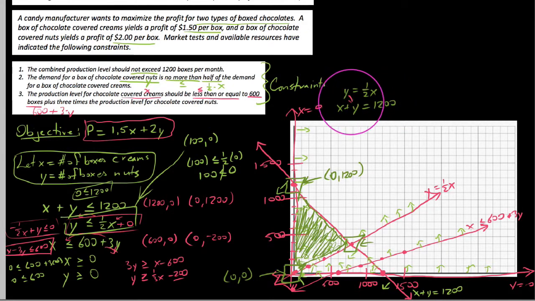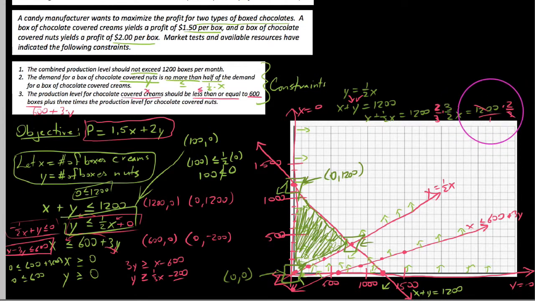So if we were to do, say, the substitution method here and plug this in, we get x plus 1/2 x equals 1200, which means 3/2 x equals 1200. And multiplying both sides times the reciprocal, which is 2/3, we say 1/3 of 1200 is 400. We could cross cancel these. This becomes 400. And then 400 times 2 is 800.